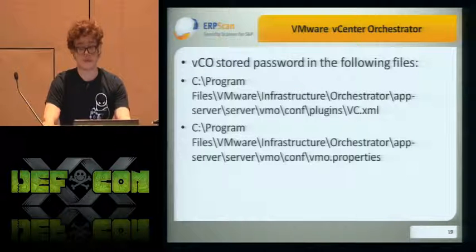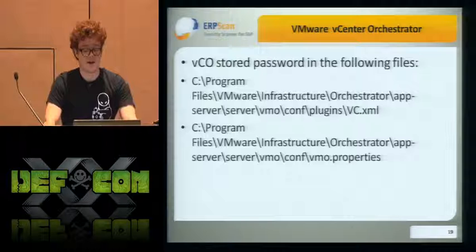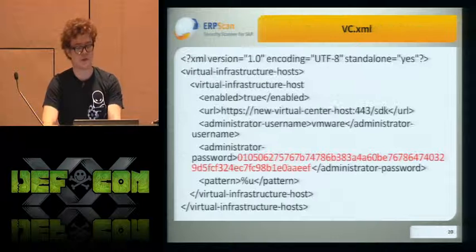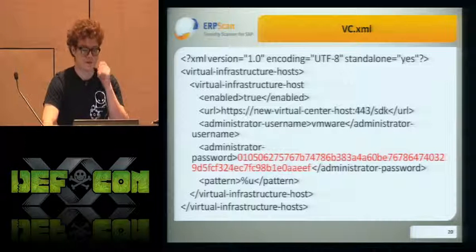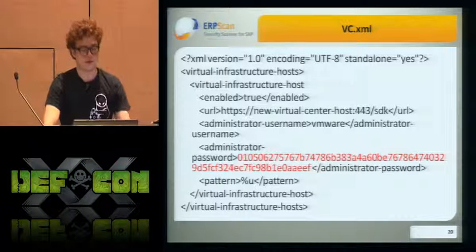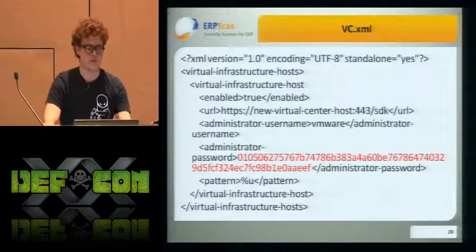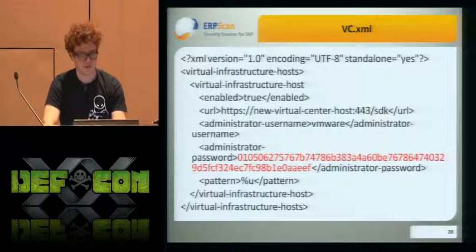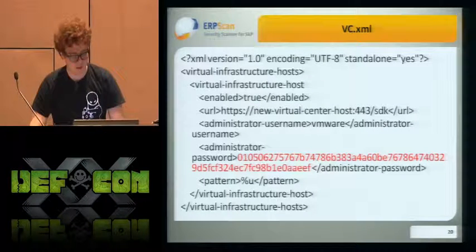So we also found interesting files like VS.XML and VMware properties. These files look like this. It looks like a hash, but actually it isn't a hash because it has an odd length, so it's definitely not a hash.